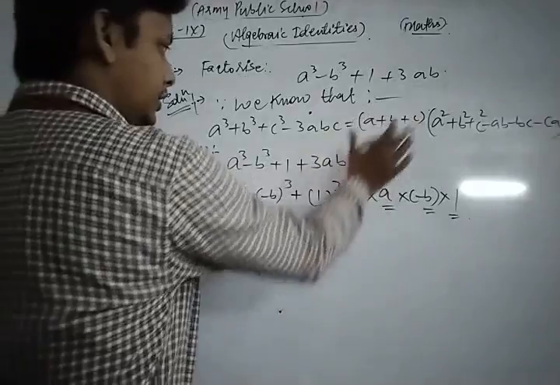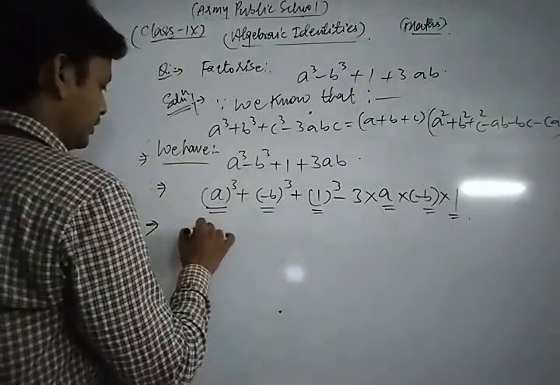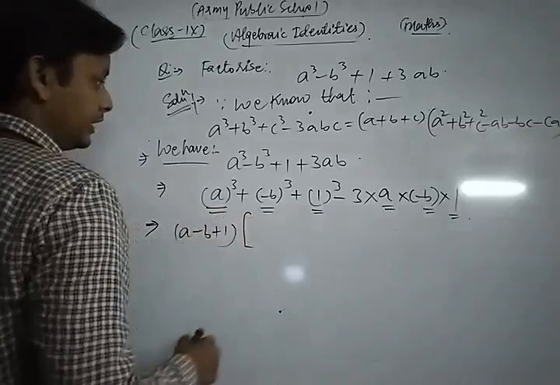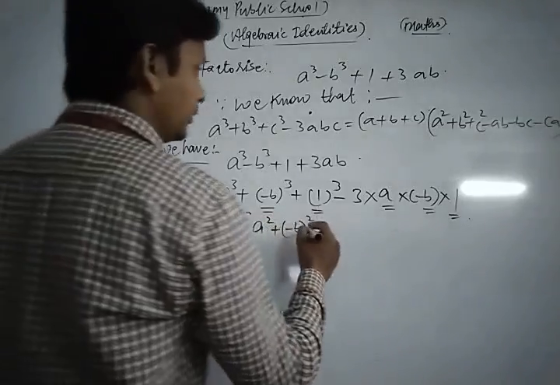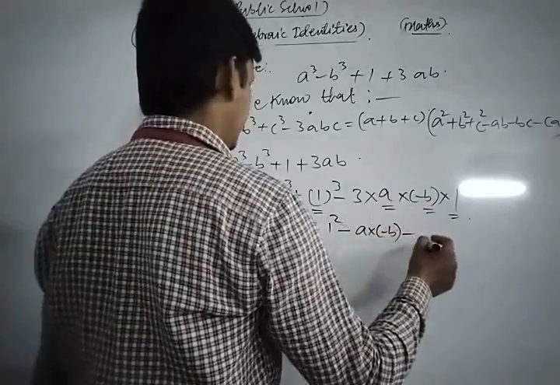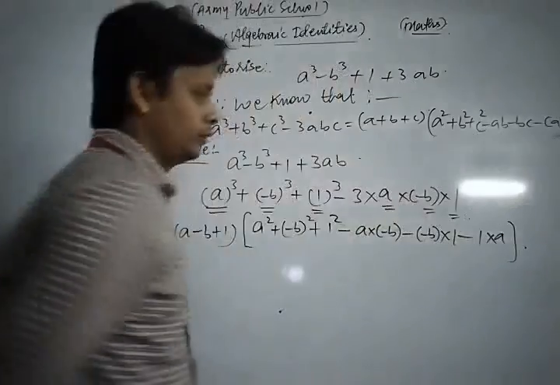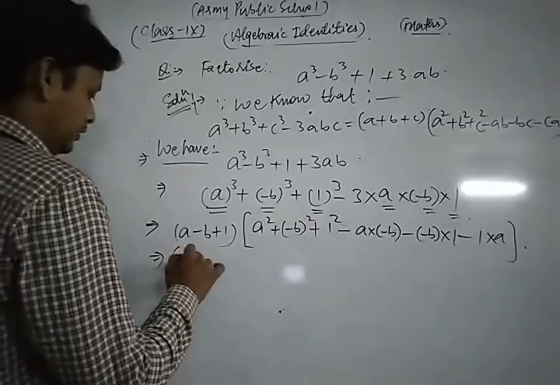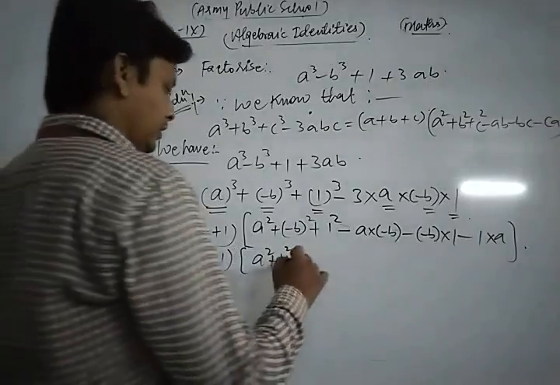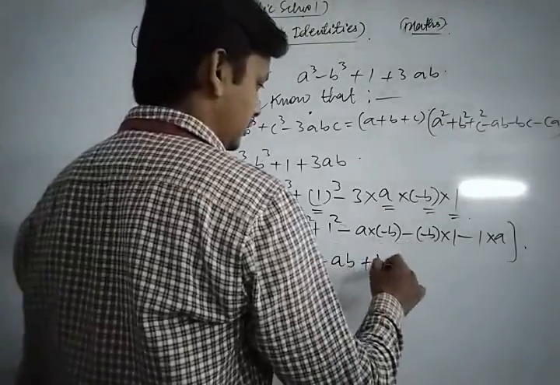Now we expand the given expression based on this identity, so we can write (a + b + c) in one bracket, meaning (a − b + 1), in another bracket a² + b² meaning (−b)² + c² meaning 1² − ab − bc − ca, that is, a² + b² + 1 + ab − b + a.